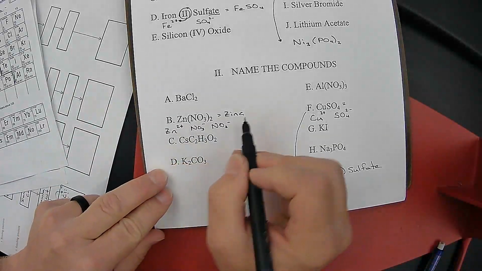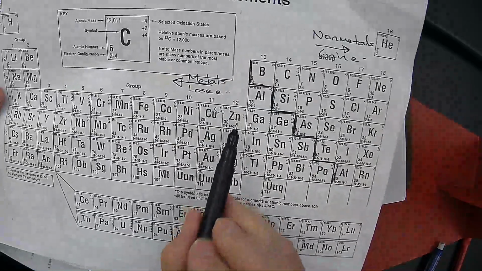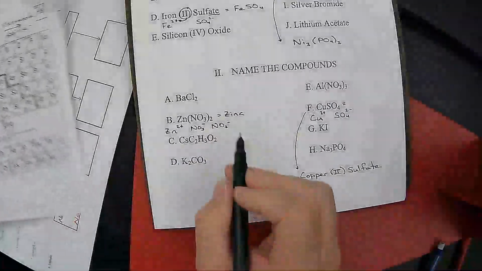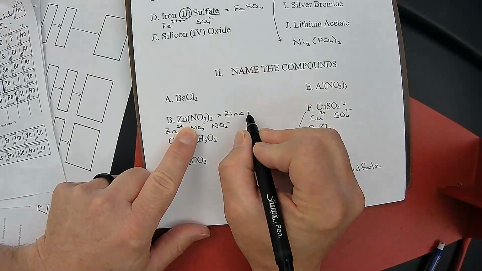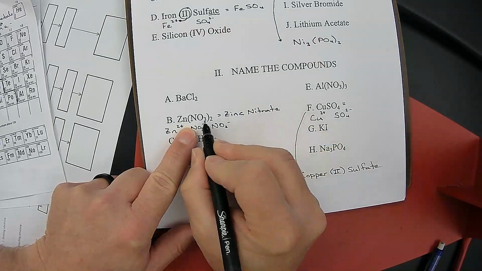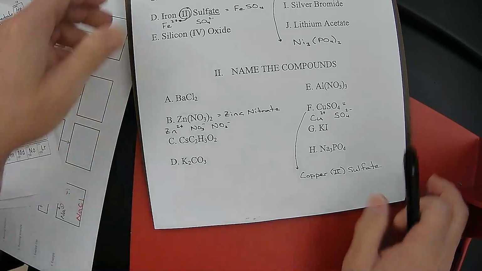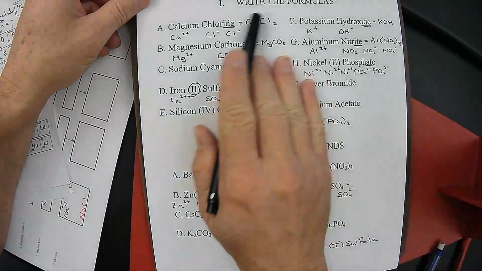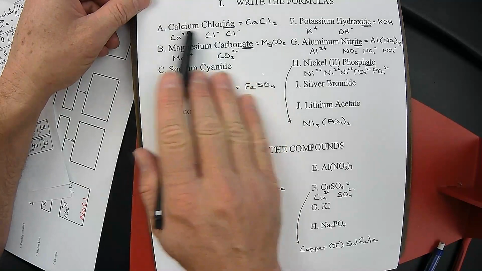So I do not put the Roman numeral. Even though it's a transition metal, if there is only one option, we do not include the Roman numeral. So it's simply zinc nitrate, ATE.